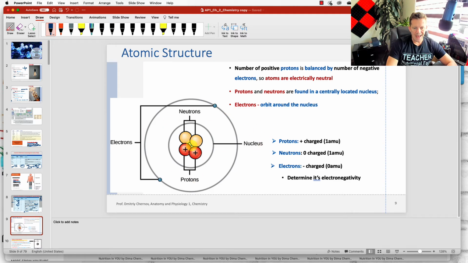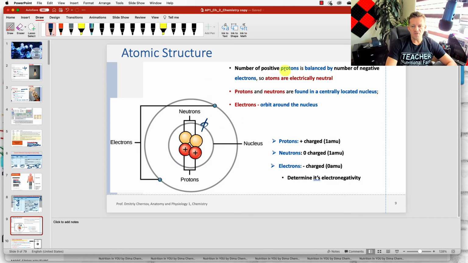So within the element, we have a nucleus, like a heart of an atom. So we have inside, right, neutral neutrons, we have positive protons, and we have negative electrons that are orbiting, and other atoms, molecules can steal these electrons. The electrons could be shared or they could be transferred. By stealing, I'm saying transferred.